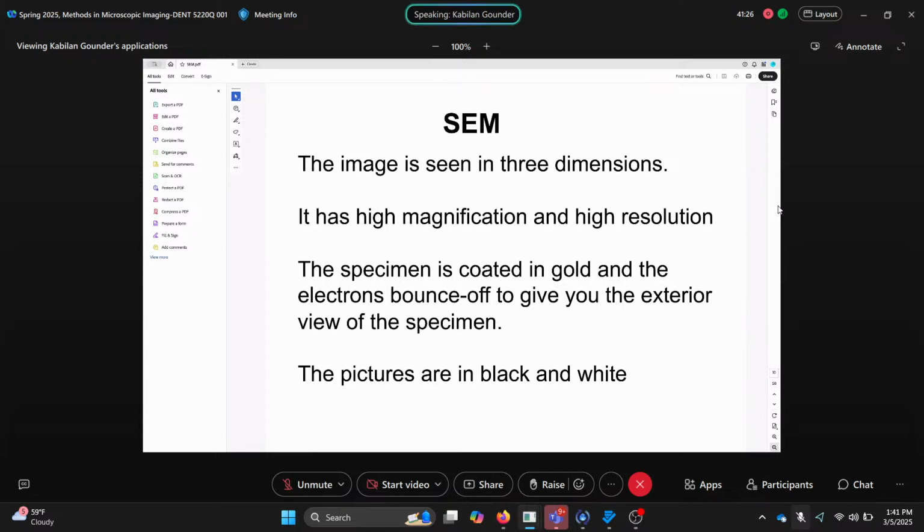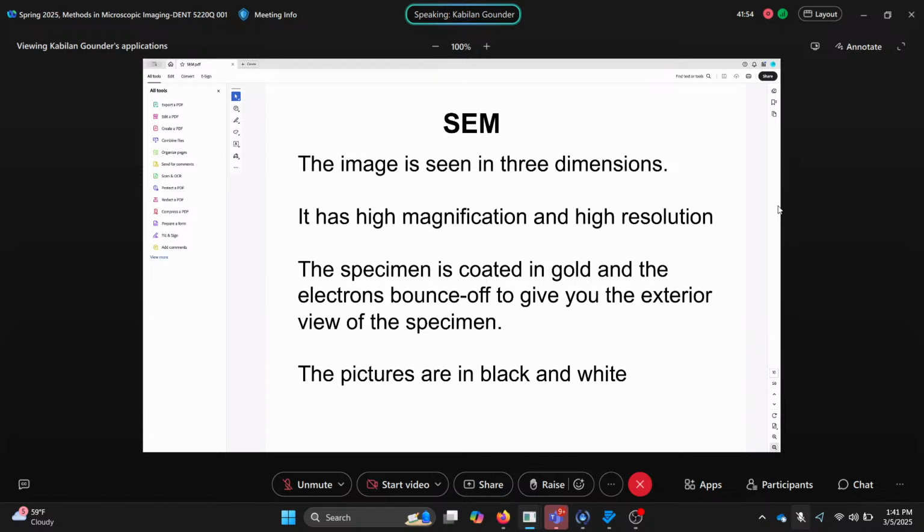In the scanning electron microscope, the image is seen in 3 dimensions. It also has a high magnification and at the same time high resolution, so that you will get a clear image. The specimen is coated in gold and the electrons bounce off to give you the exterior view of the specimen.